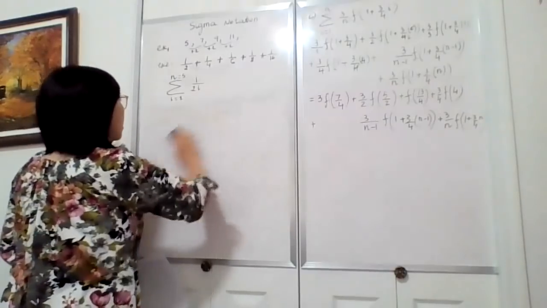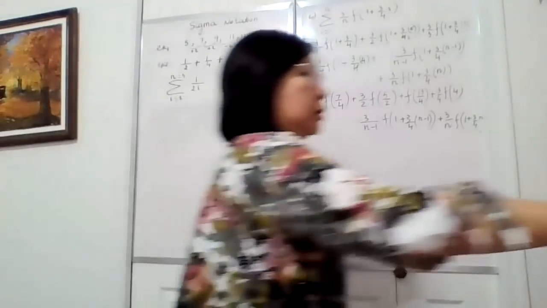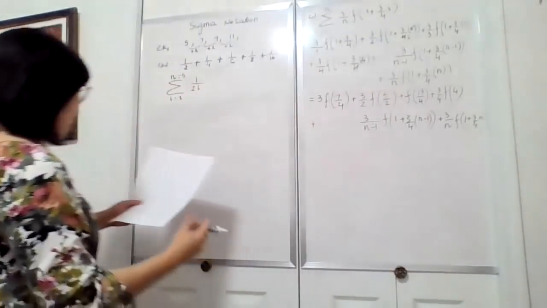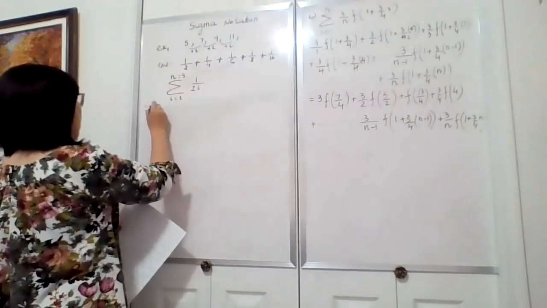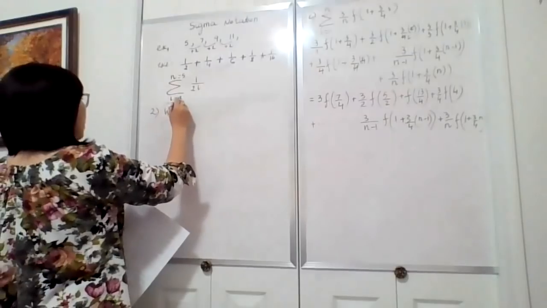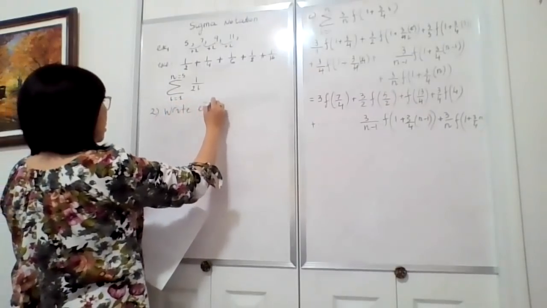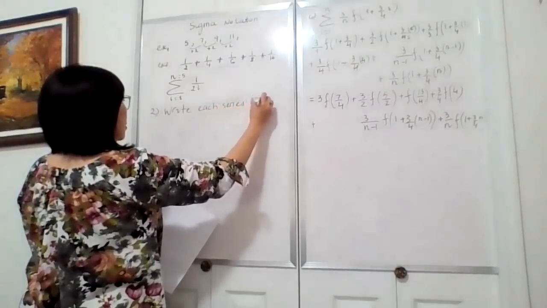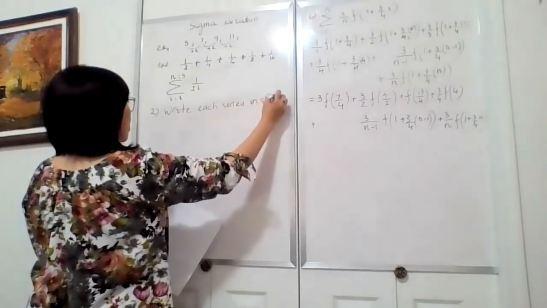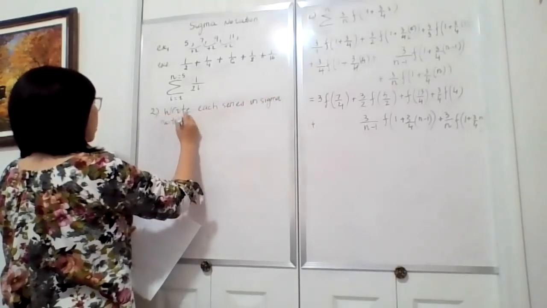So instead of writing in expanded form, now we're going to write it in sigma notation. So number 2, your exercise will be write a series in sigma notation. So now we're going to compact it, right?